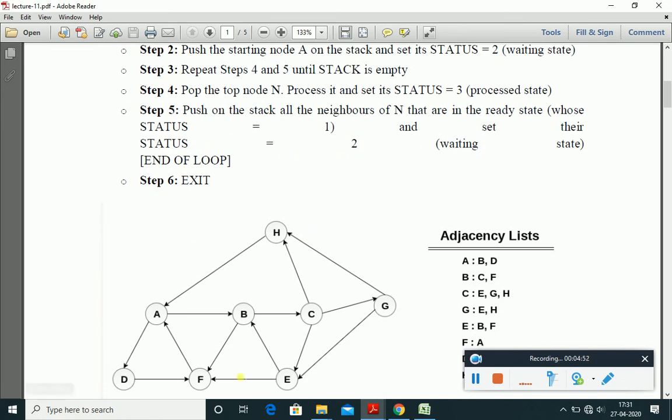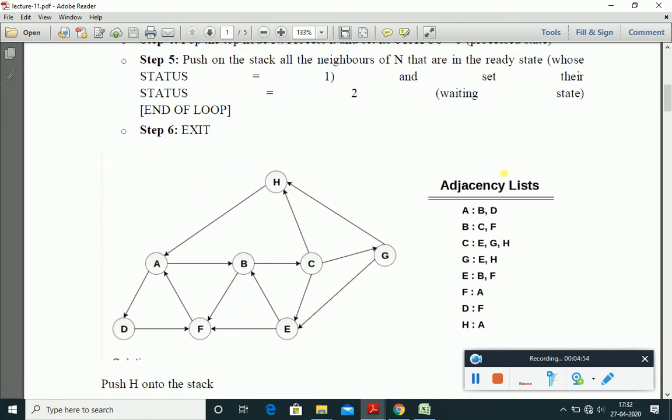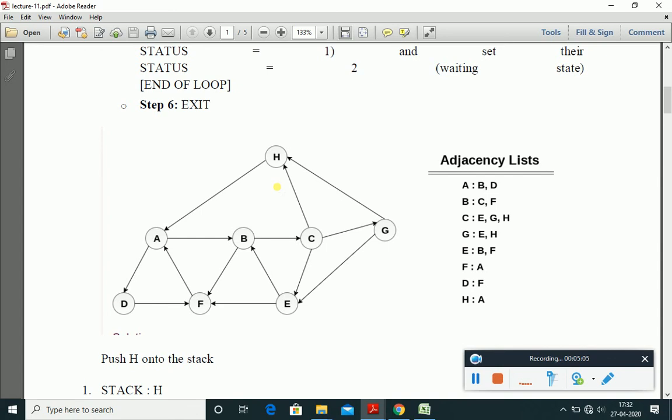Just have a look at this graph, and this is the adjacency list. The adjacency list will help us read the graph in an easy way. So let us start with the edge. First we make the status equal to 1 for each vertex. Then we push h into the stack and make its status equal to 2.